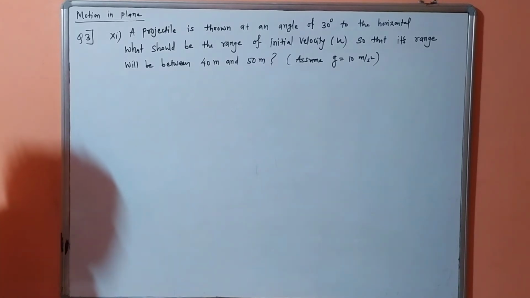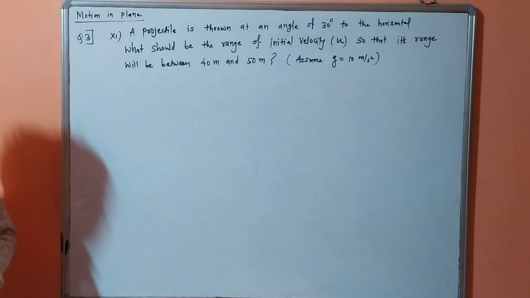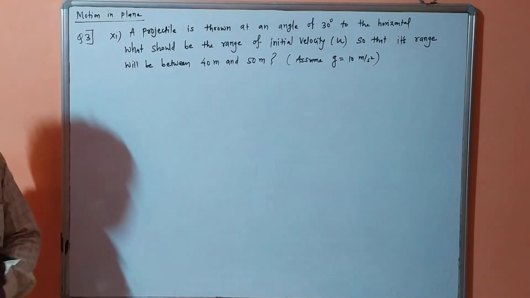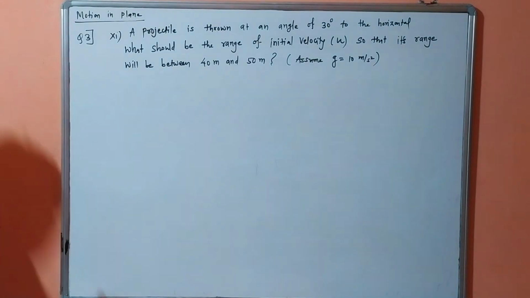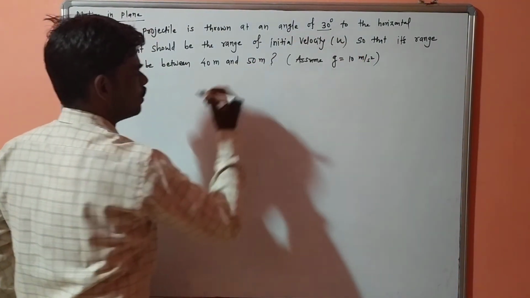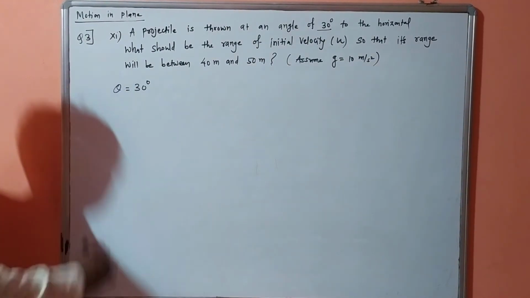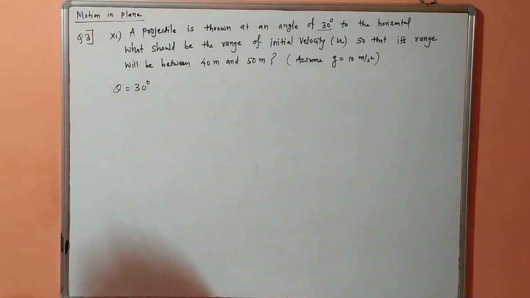See, this is the last problem from your exercise of chapter motion in a plane from the Maharashtra State Board book. A projectile is thrown at an angle of 30 degree. So the angle of projection is given to you as 30 degree to the horizontal. What should be the range of initial velocity so that its range will be between 40 meter and 50 meter?